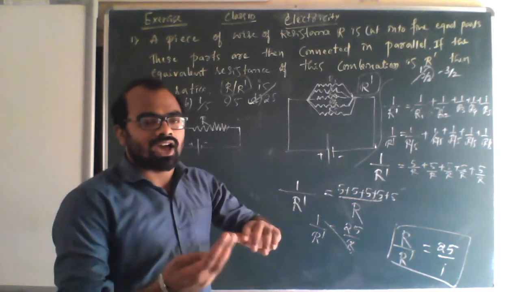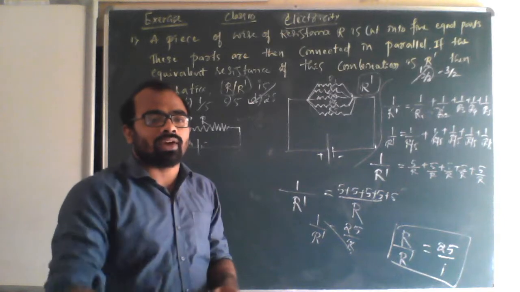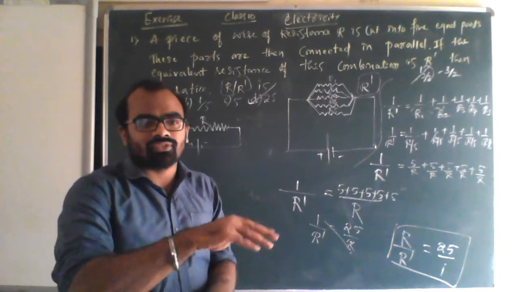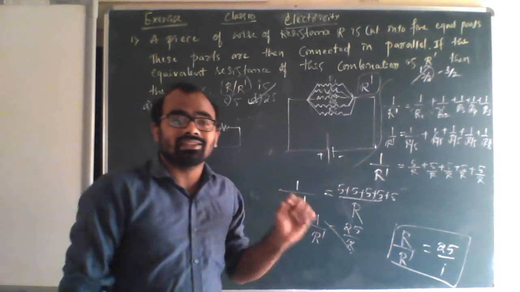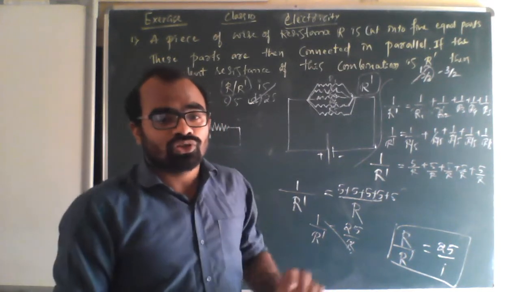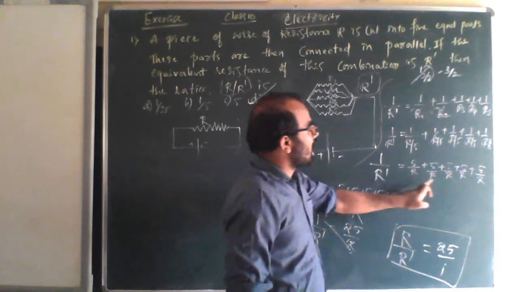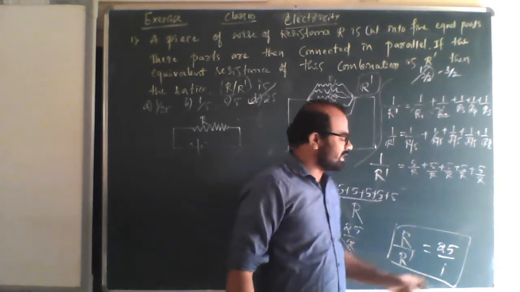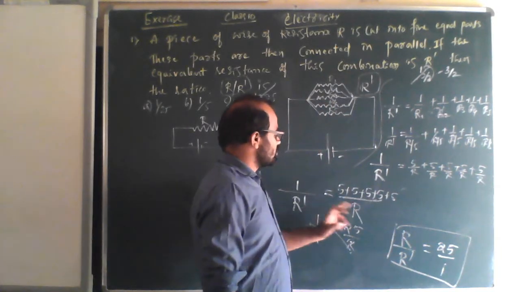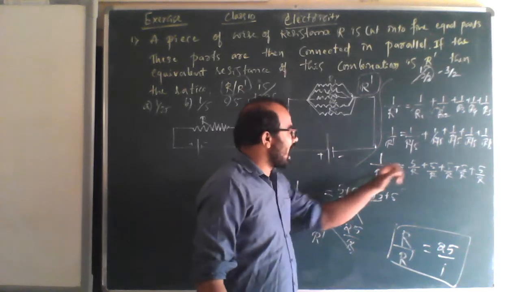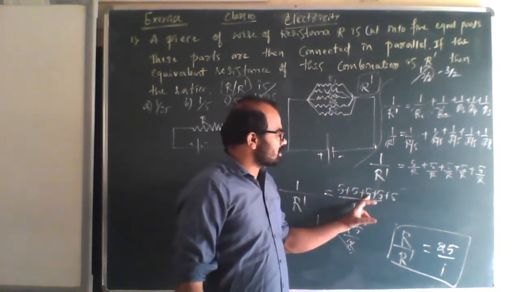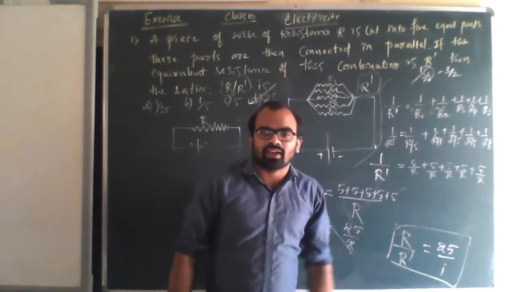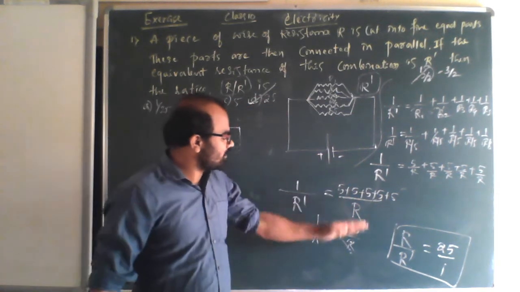So this r by 5 will go upside, that means 5 will go upside, so it becomes 5 by r, 5 by r, 5 by r, 5 by r, 5 by r. That is 1 by r dash is equal to, r is the LCM, we add the numerators because the denominator is the same: 5 plus 5 plus 5 plus 5 plus 5, that means we get 25 by r.